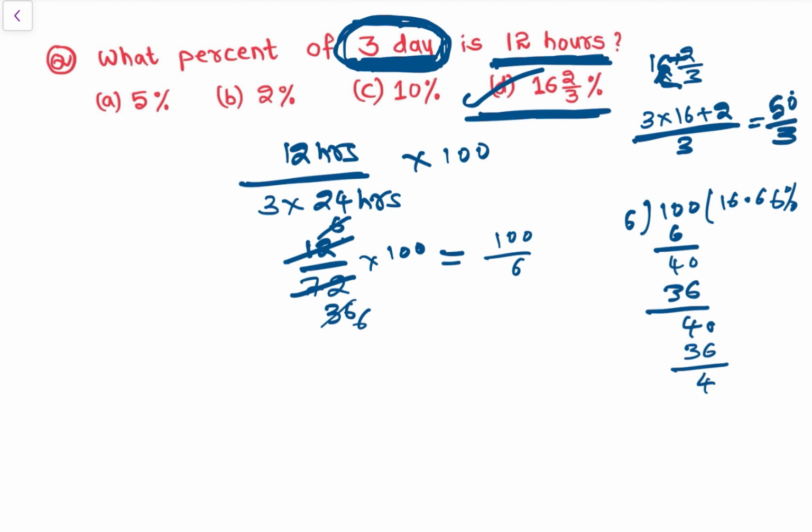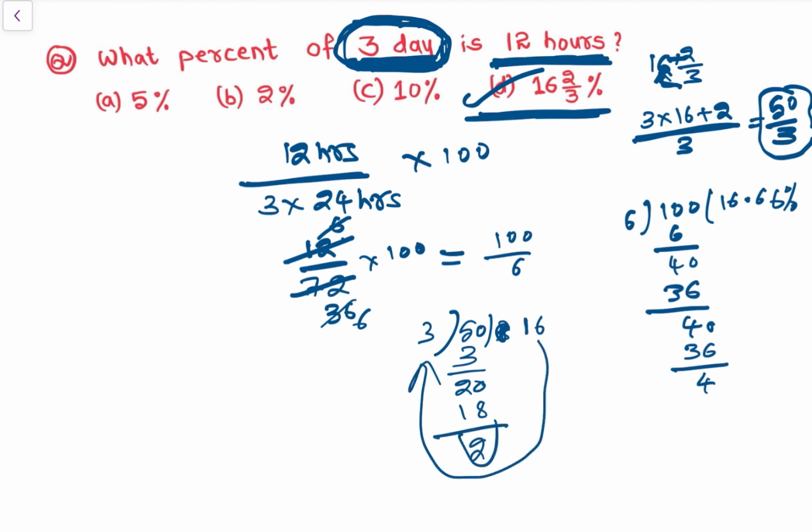So 50 divided by 3. So 3 1s are 3, 2 0, 3 6s are 18, ठीक है, so remainder is 2. So this would be written as 16 2 by 3. We have already discussed this while doing the decimal chapter in number system.